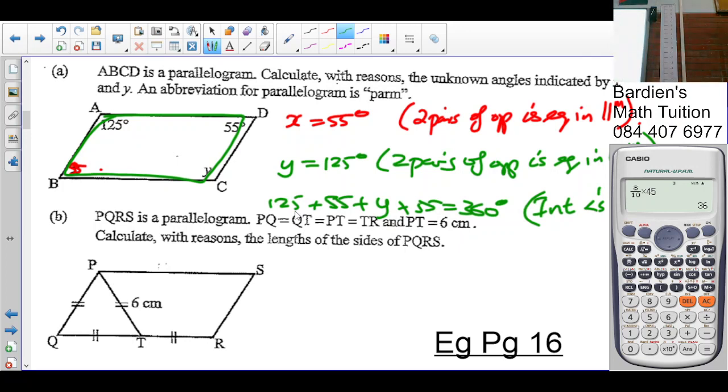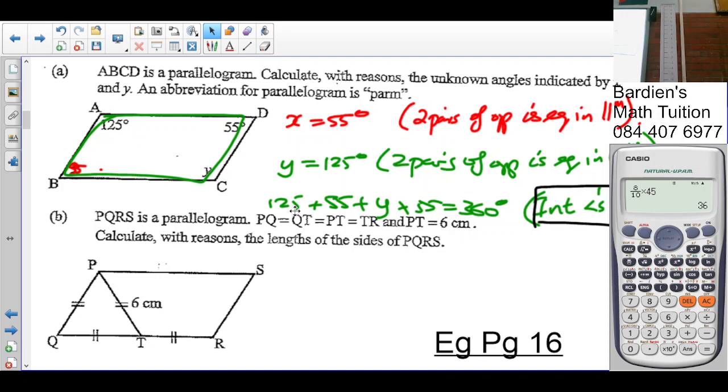Then you would have gotten y also to be 125. Can you see that, people? So just make a note about this here: interior angles of a quad add up to 360. Make a note there.